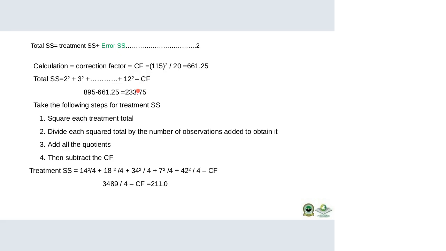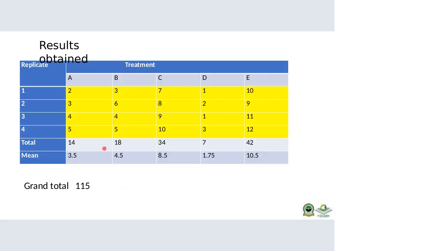Okay, now take the following steps for the treatment sum of squares. Square each treatment total. Let's look at the treatment totals: we have 14, we have 18, we have 34, we have 7.